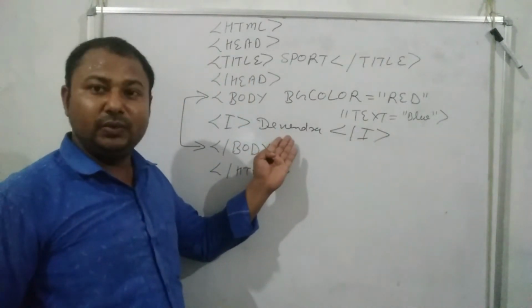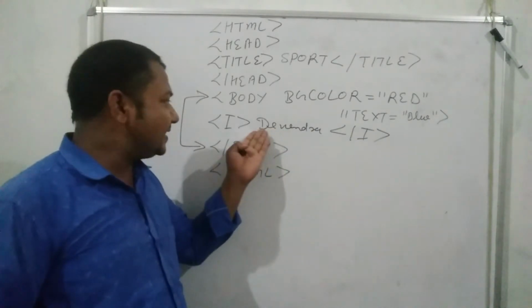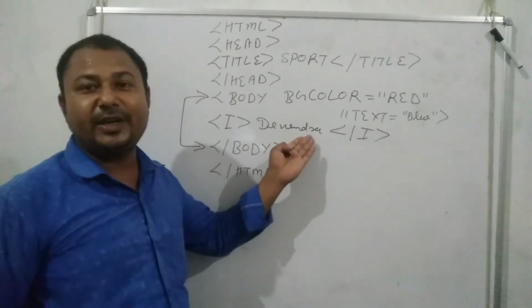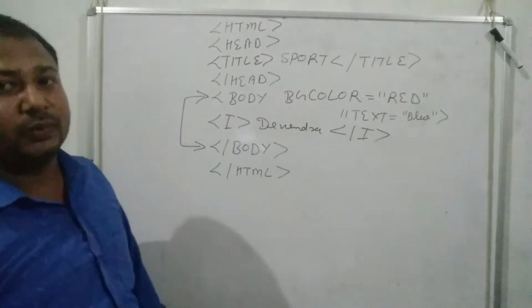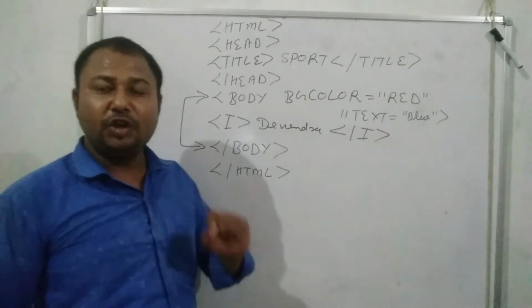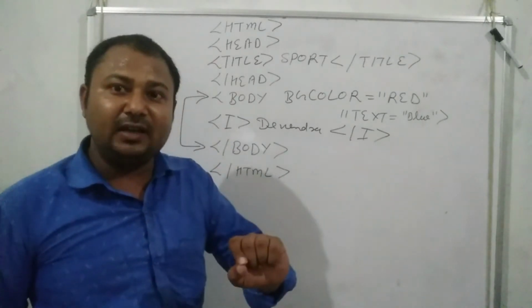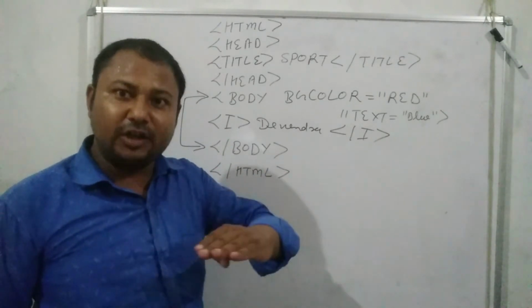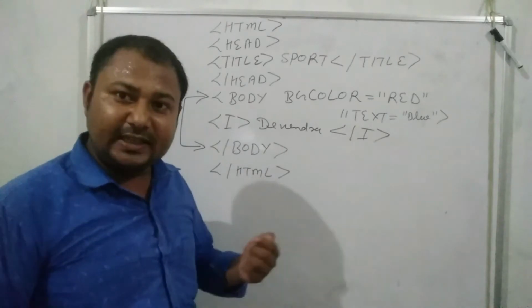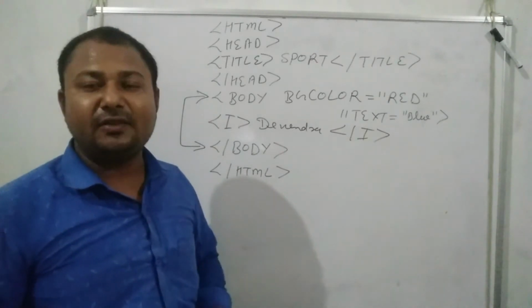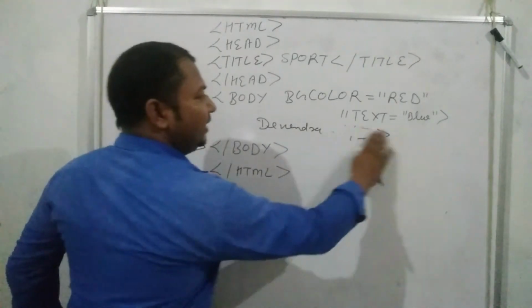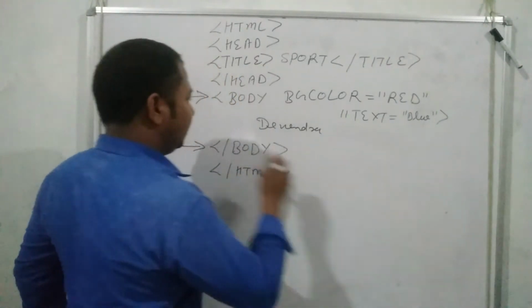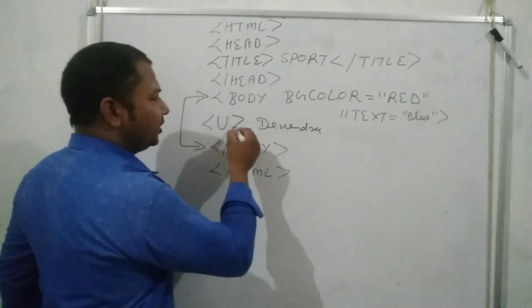When you run this code, this text will appear in italic format. If you want to use underline at the bottom of the text, we have to use the underline tag in this format, capital U.